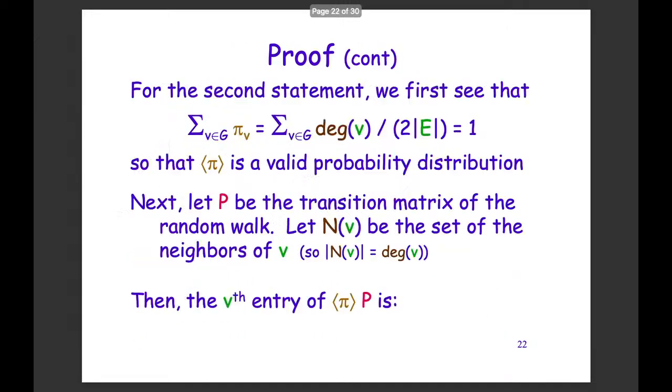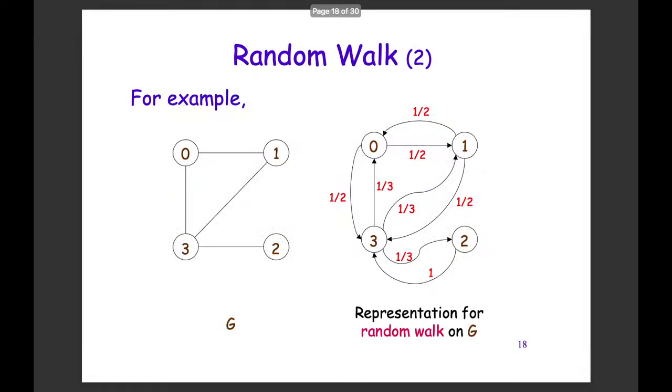For instance, let's go back to our example graph. The T here is this one, this one, this one, and suppose that the tour here is 3 to 0, 0 to 3, 3 to 1, 1 to 3, 3 to 2, and then 2 to 3. So we are going to cover this graph in the following way.